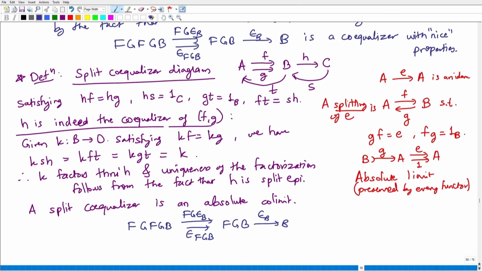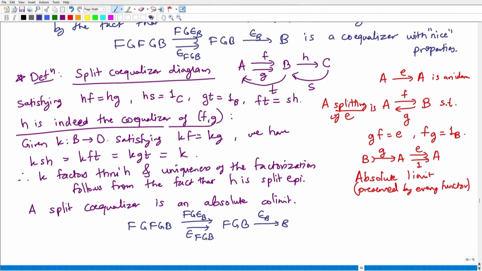Does there exist a splitting or not? Not in general, right? However, I wrote the diagram again because I wanted to add another G everywhere. And now notice something. I added G everywhere. Now this becomes a split coequalizer diagram.